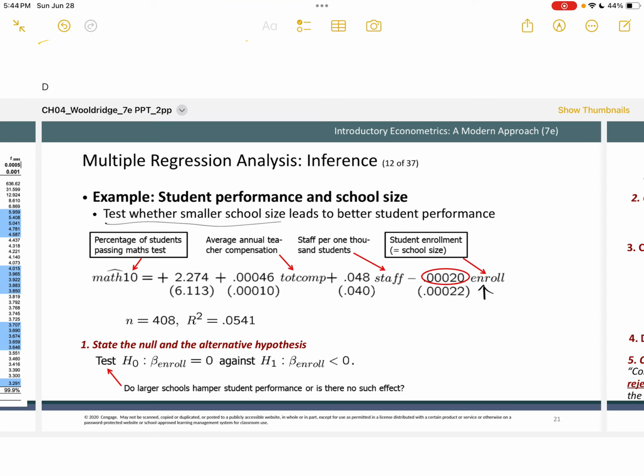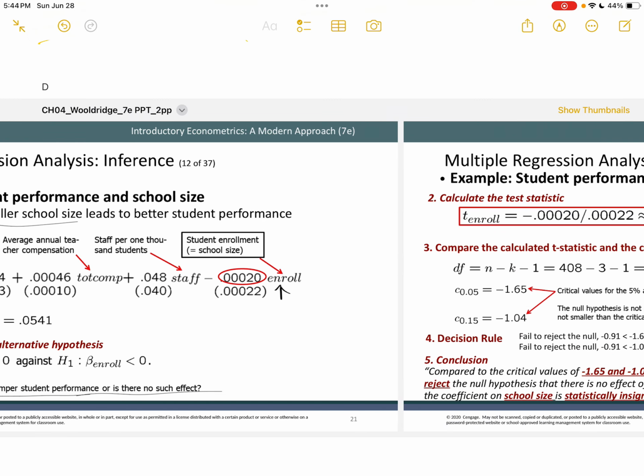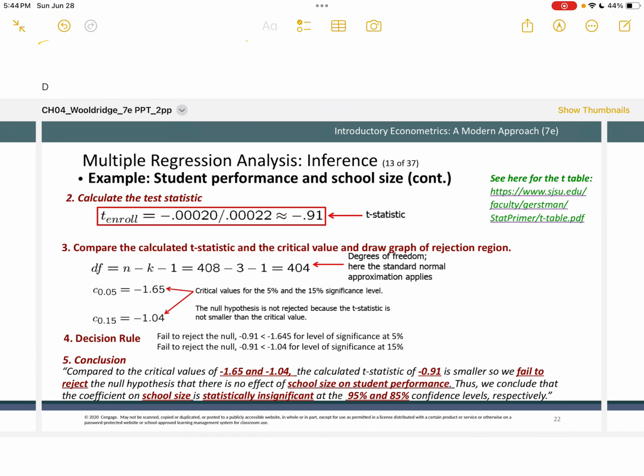We're testing whether there's a negative relationship between these two, and whether it is significant. Do larger schools hamper student performance, or is there no such effect? In the null, we are saying there is no such effect. In the alternative, we are saying there may be a negative relationship, and we are going to use our data to test for that.